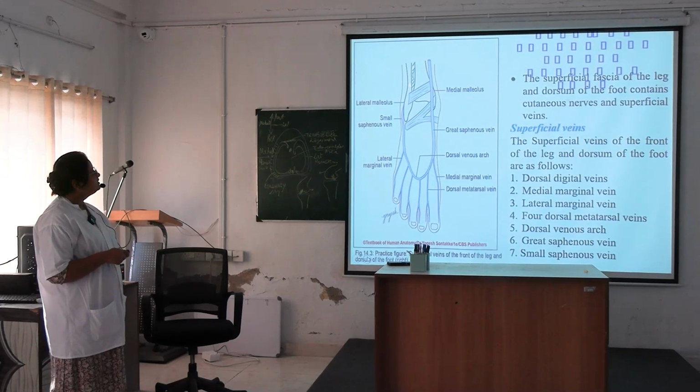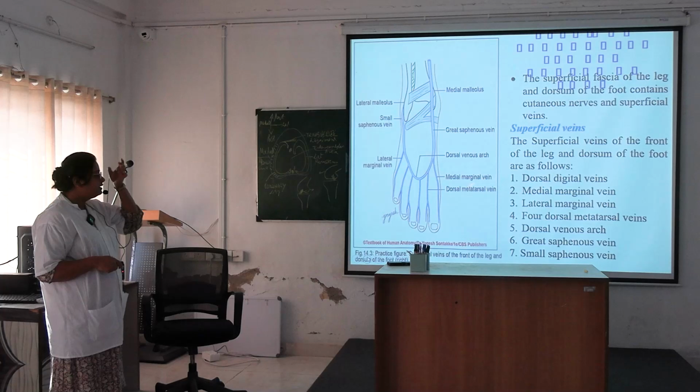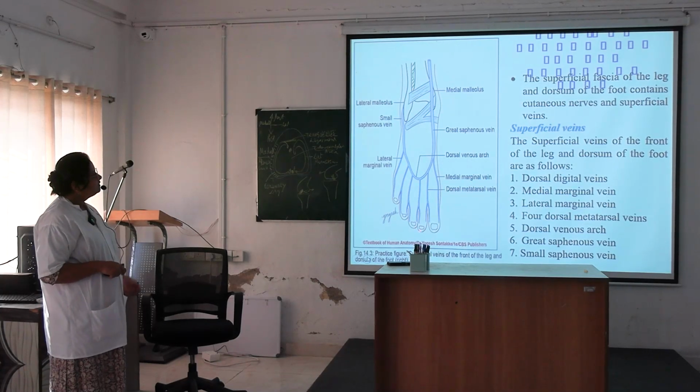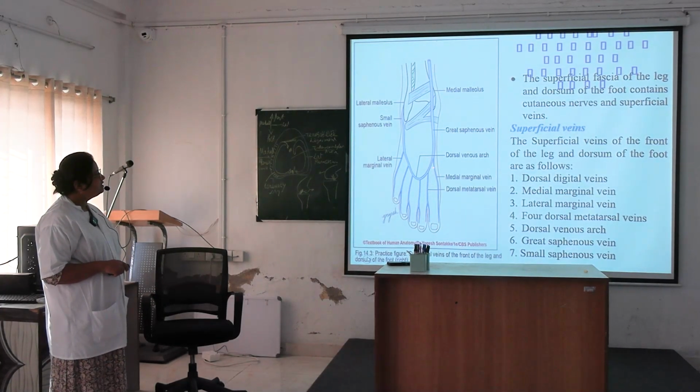These are the superficial veins. You can see here the dorsal digital veins lying on each side of the toes. Adjacent veins join to form the dorsal metatarsal veins. Dorsal metatarsal veins drain into this dorsal venous arch.